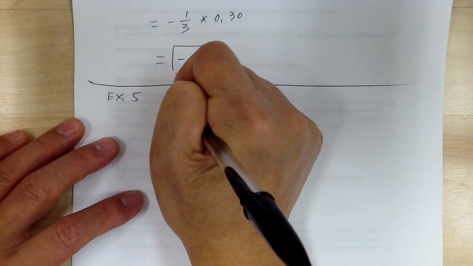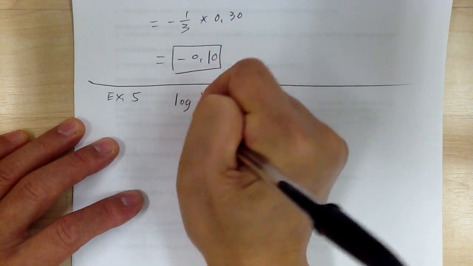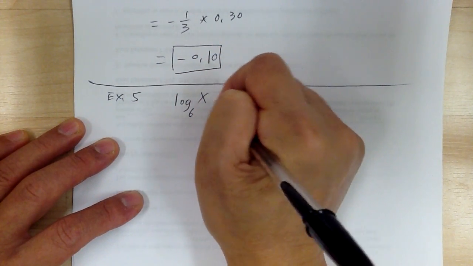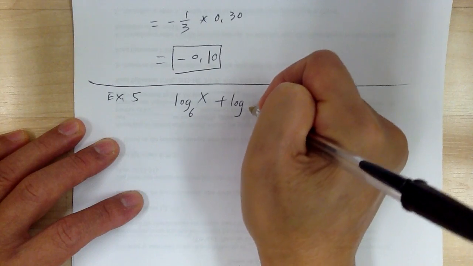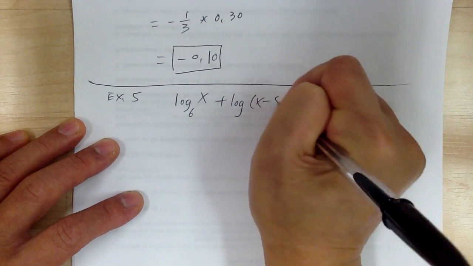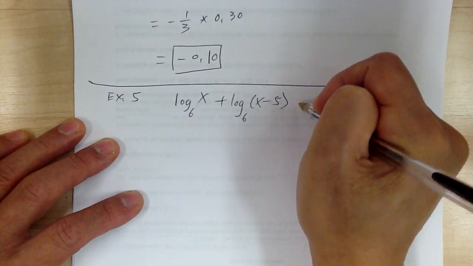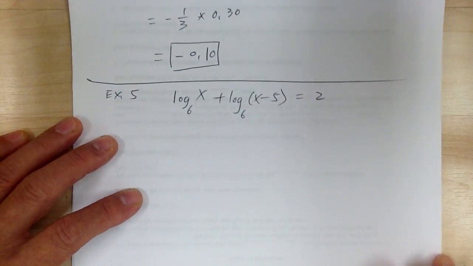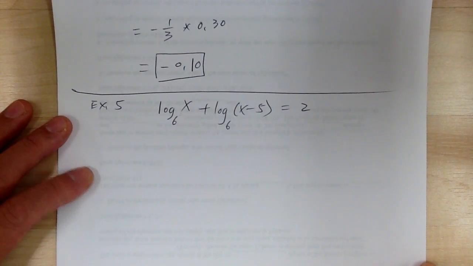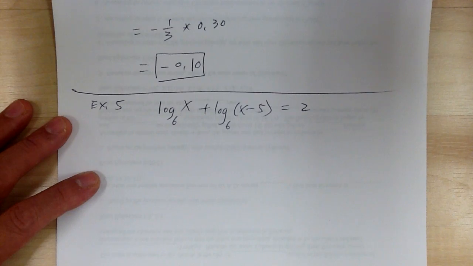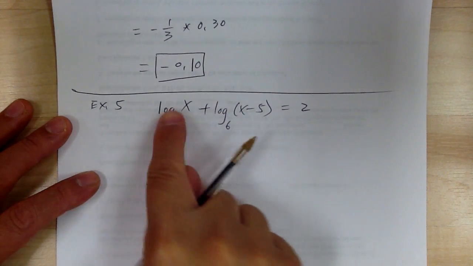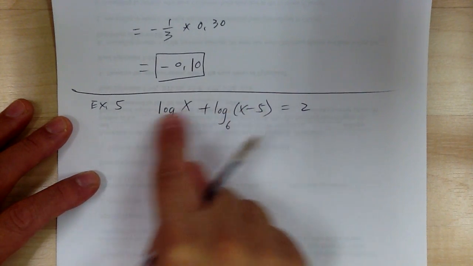So you have to solve equations now. You have log of x base 6 plus log of x minus 5 base 6 is equal to 2. So whenever you have a log equation, you want to get it into a single log. Okay, so now you've got 2 logs, right? So you need to go and put this together.